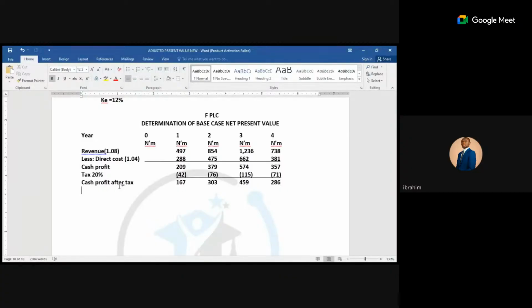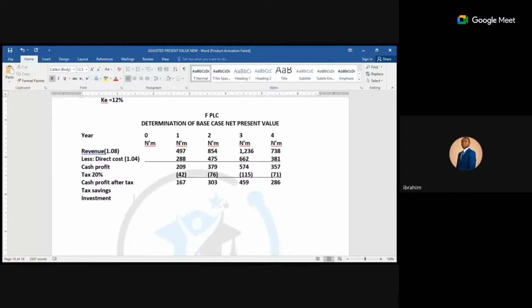So therefore, we need to calculate our tax savings. Tax savings on capital allowance. After that, we have the investments in machinery. So what is the cost of the investment?